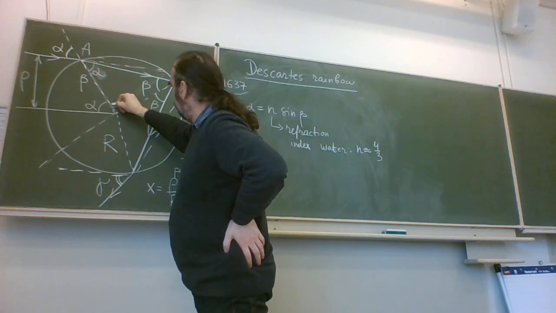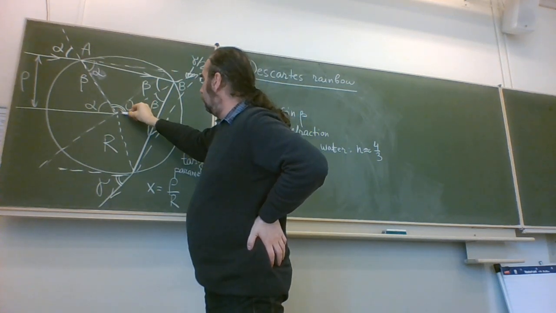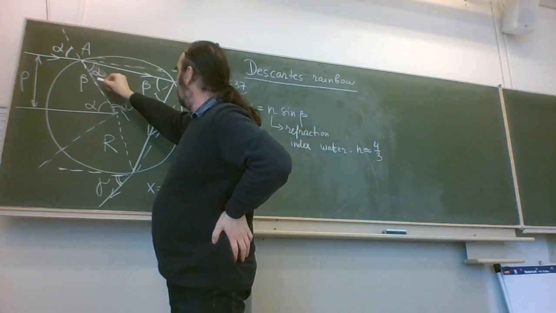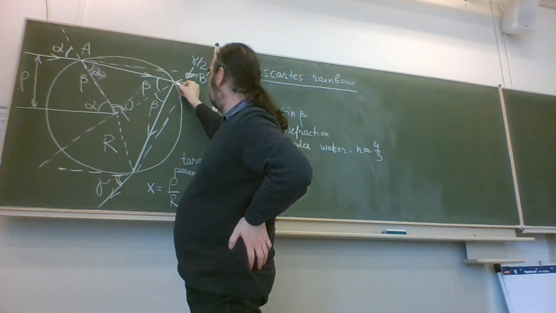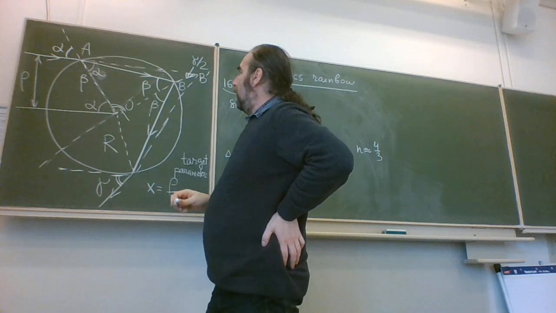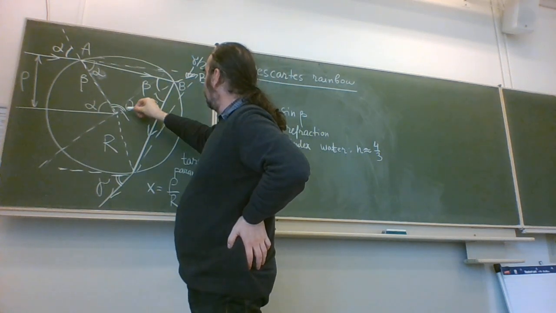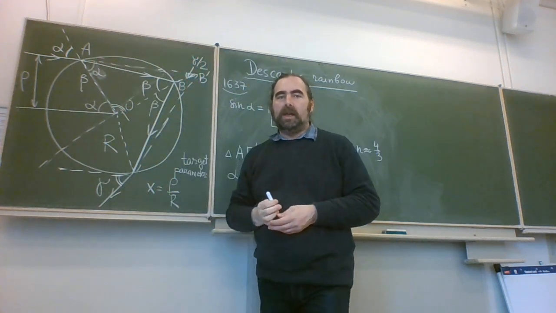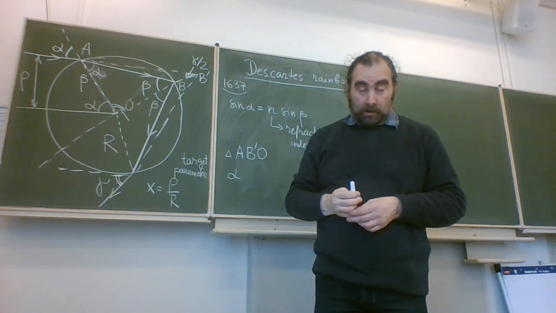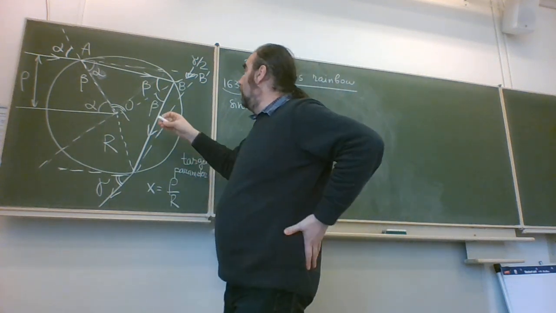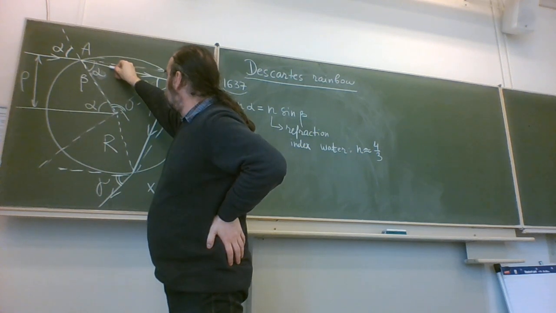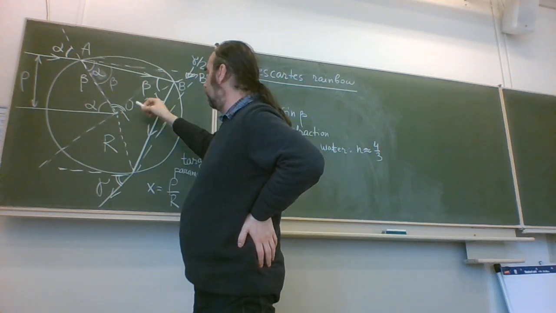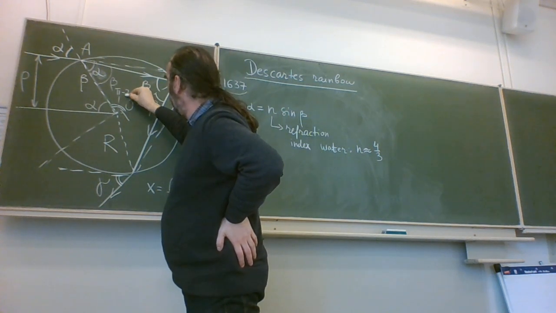Now what is this angle? If we consider this triangle, now ABO, then this angle is beta, and this length is equal to that length, both of them are the radius of the sphere, which means that this angle is also beta. So those two angles are both beta. And this means that this angle is pi minus 2 beta.